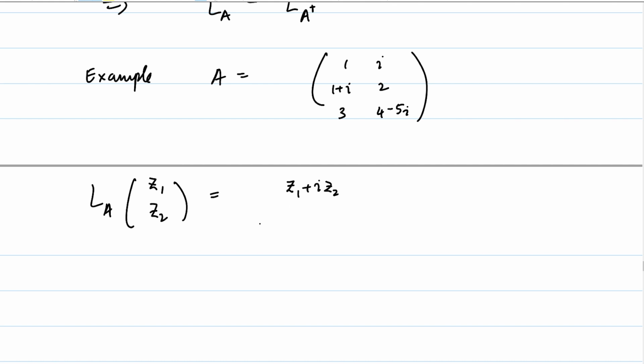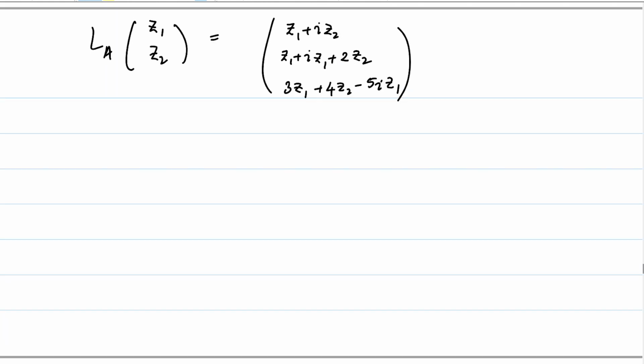I'll write it in the column expression. This is going to be z1 plus i z2, then (1 plus i) z1 plus 2 z2, and 3 z1 plus (4 minus 5i) z2. So this is exactly the linear transformation L_A.